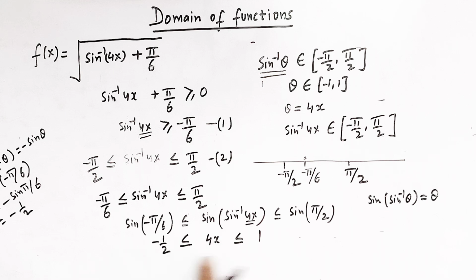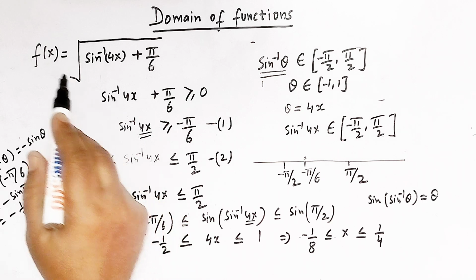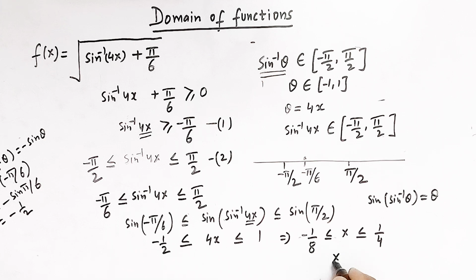So now dividing throughout by 4, we can write minus 1 over 8, since 4 times 2 is 8, and here 4 and 4 get cancelled, so we have 1 over 4. So the values of x for which this function is defined are given by the interval from minus 1 over 8 to 1 over 4.